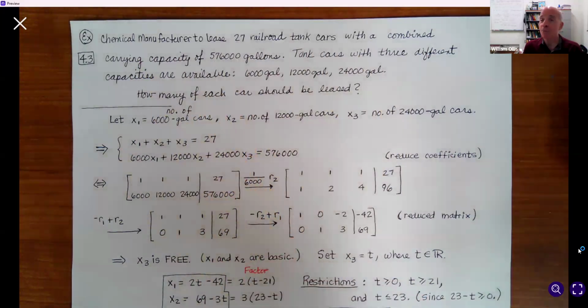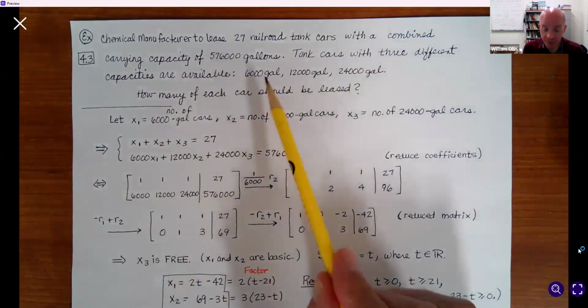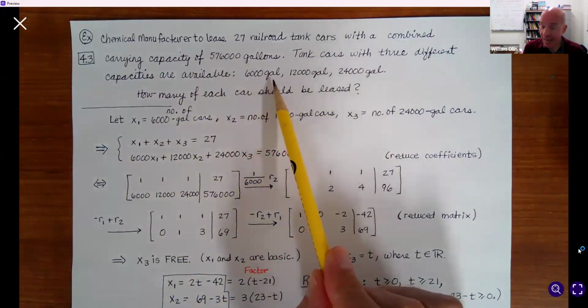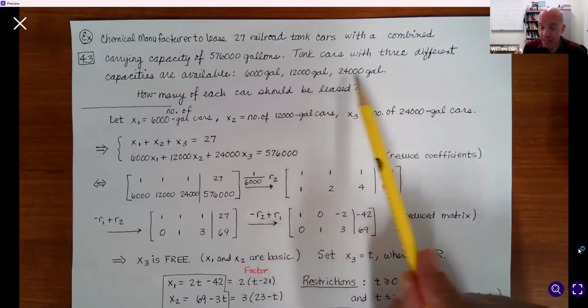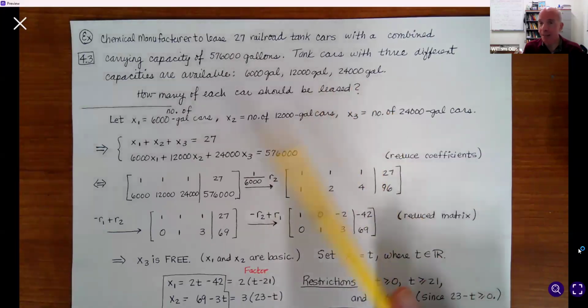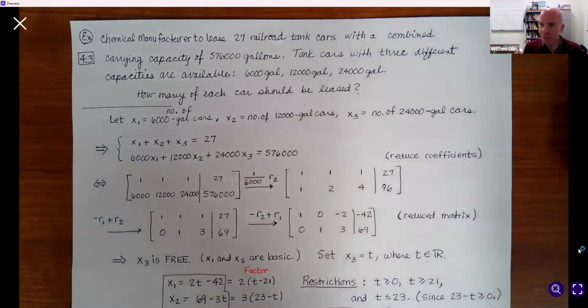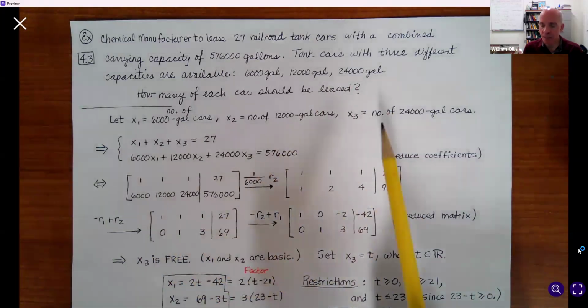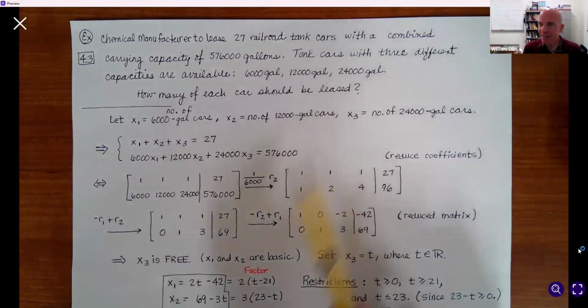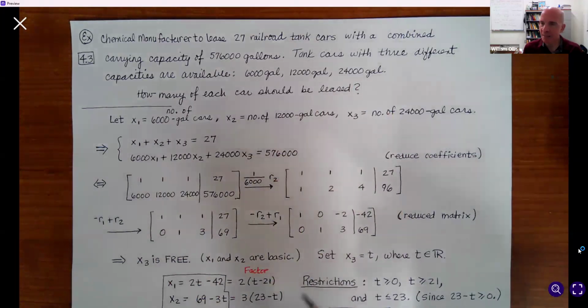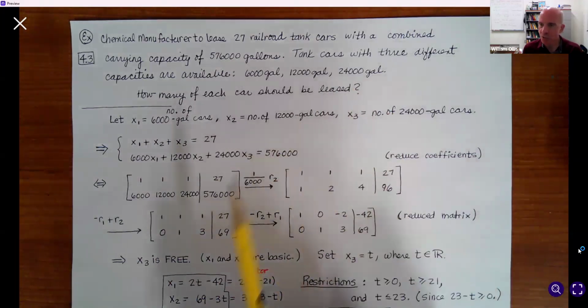So you've got 3 different types of cars. You've got the 6,000 gallon capacity, you have the 12,000 gallon capacity, and the 24,000 gallon capacity. As I've said before, don't use the commas in the numbers because when you type these in your homework, you don't put in commas. I know that helps us, but it kind of gets in the way and I just don't use them.